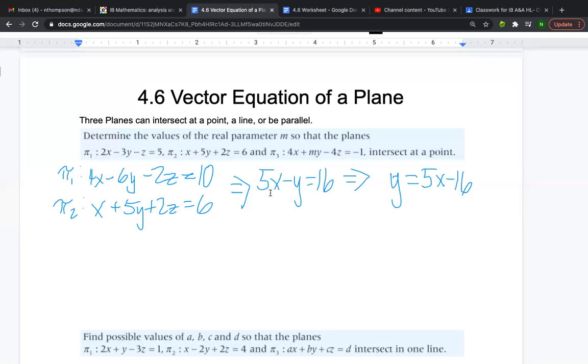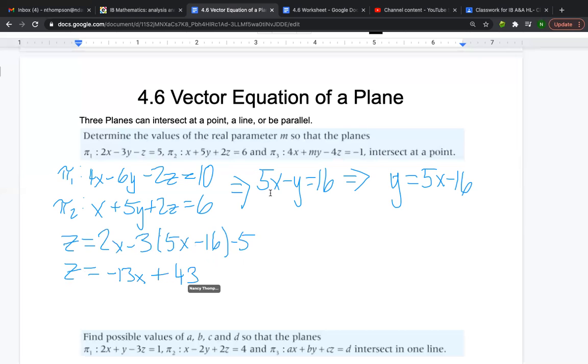So I know that's complicated sounding, but it's not that bad. So if I solve plane 1 for z, I get z is equal to 2x minus 3y, and instead of y, I'm going to plug in 5x minus 16. Okay, from here, I get that z is equal to negative 13x plus 43.